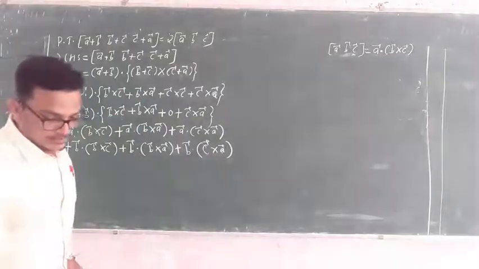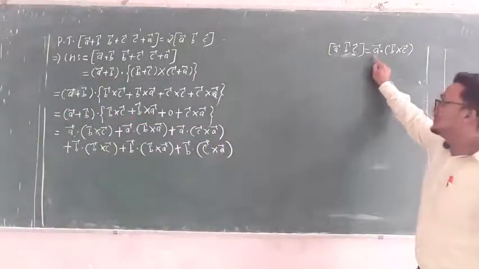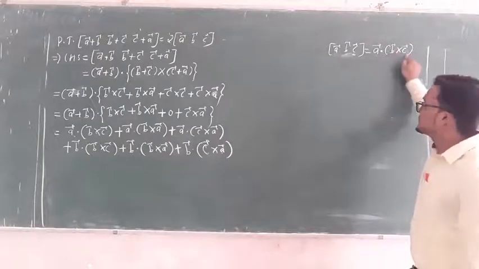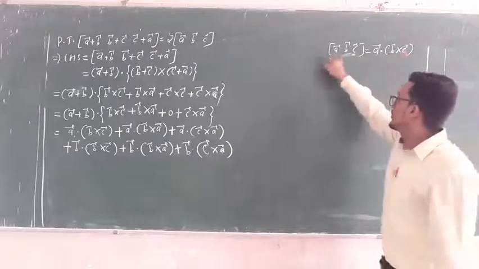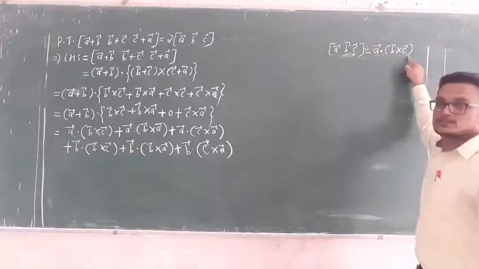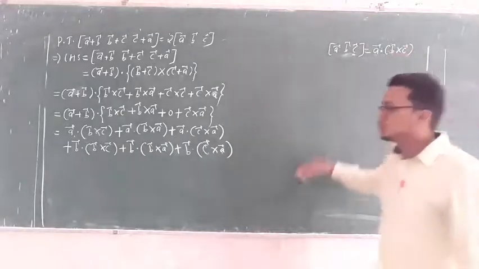Okay, now just observe here. If it is A dot B cross C, then in reverse, how can we write it? That is the square bracket of these three vectors, that is A, B and C. So here also the same.